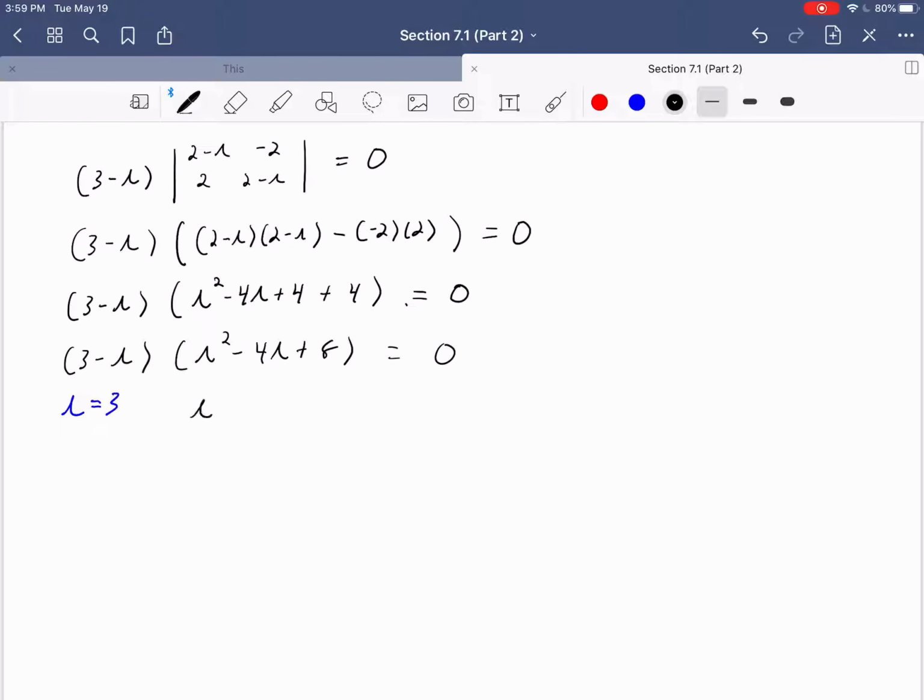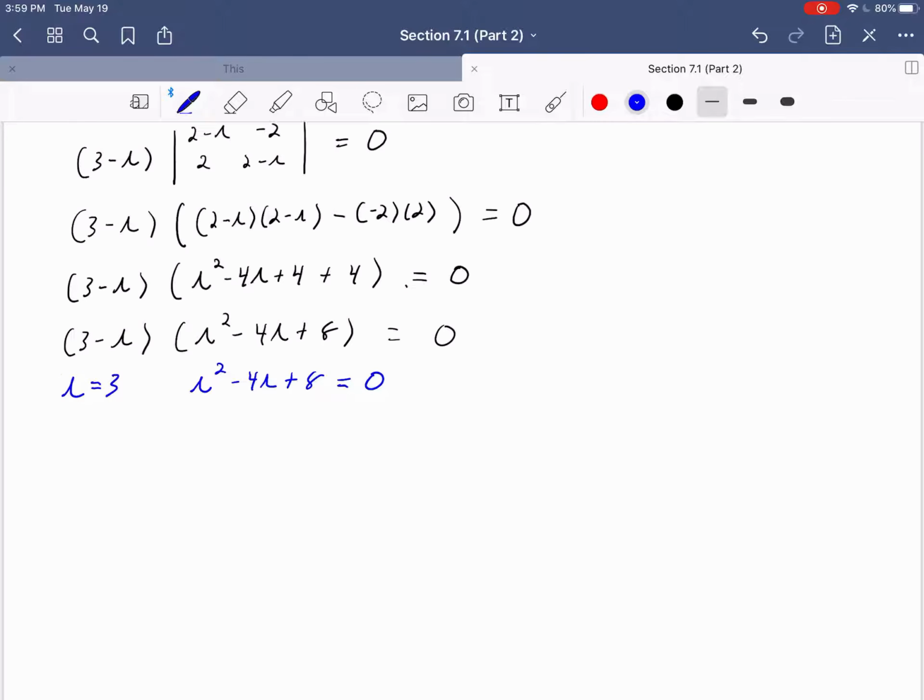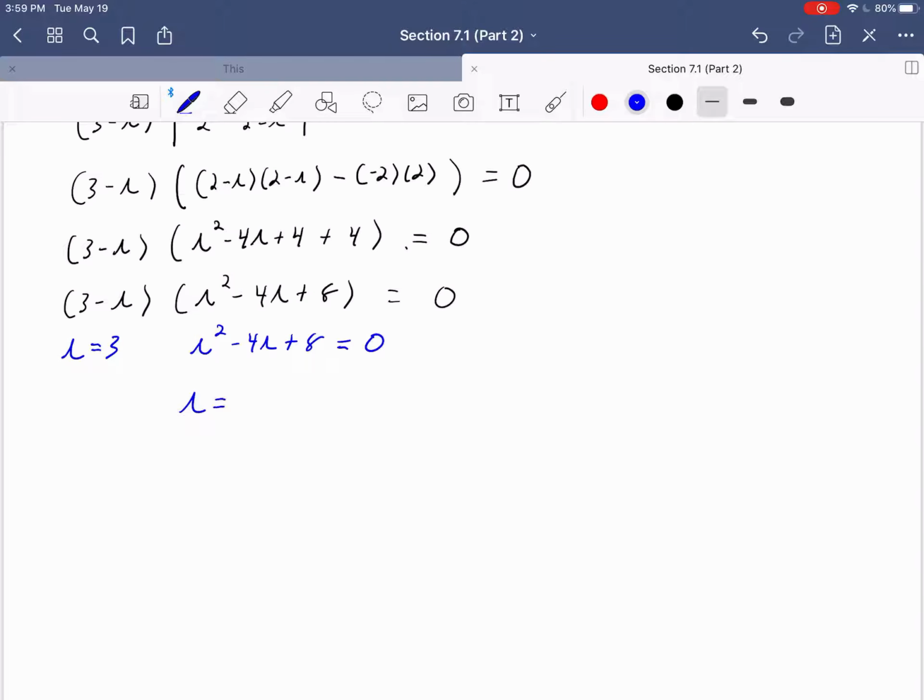Over here, though, let's go ahead and set this quadratic equal to 0. We can use the quadratic formula and get that lambda should be 4 plus or minus the square root of 16 minus 4ac, so that's 32, all over 2.